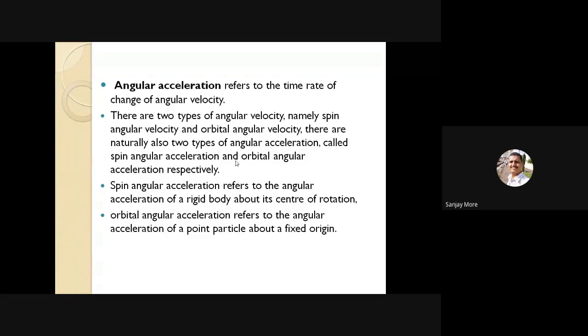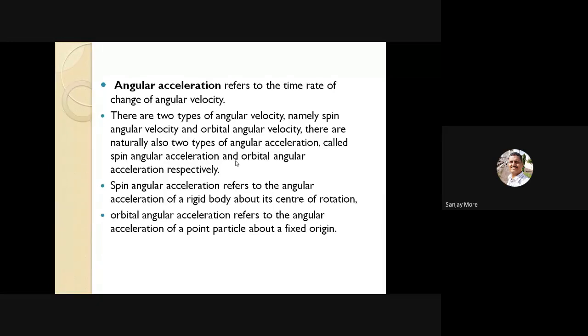Spin angular acceleration refers to angular acceleration of a rigid body about its center of rotation, and orbital angular acceleration refers to the angular acceleration of a point particle about a fixed origin.